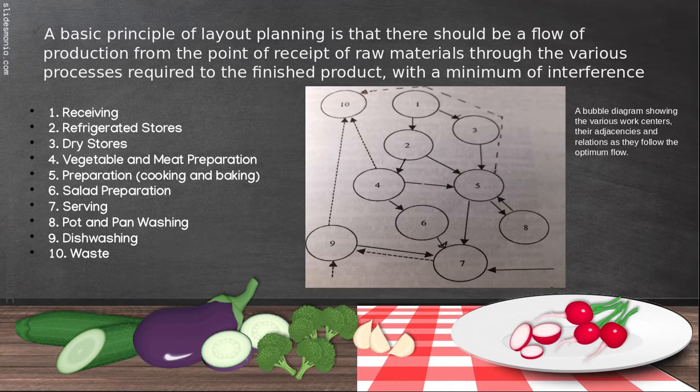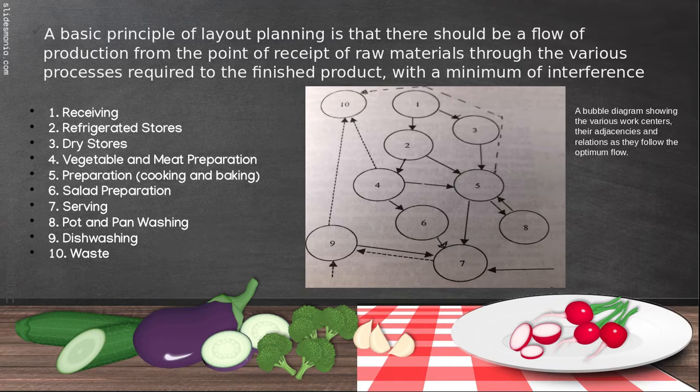A basic principle of layout planning is that there should be a flow of production from the point of receipt of raw materials through the various processes required to the finished product, of course with the minimum of interference. So this is a bubble diagram showing the various work centers, their adjacencies, and relations as they follow the optimum flow. So you can see the numbers 1 to 10.